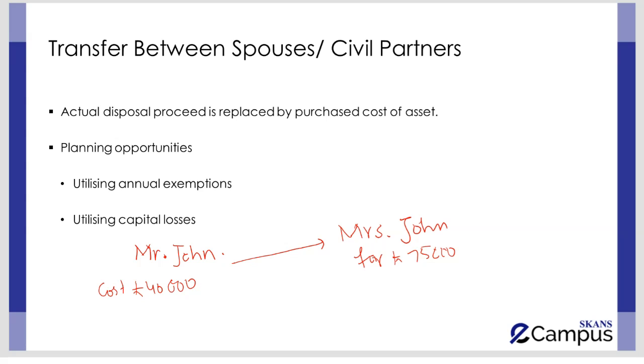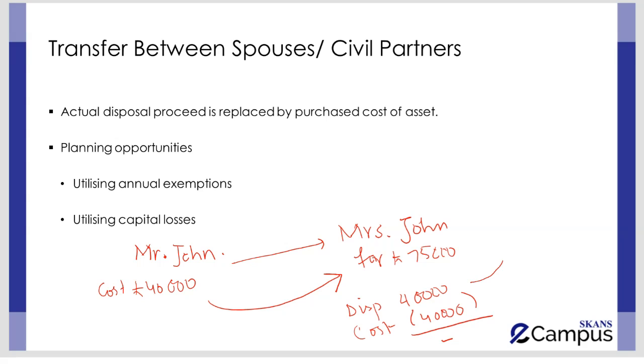As you can see, the transfer is being made between spouses, which is why we will not have to compute any gain or loss, because at this point in time we will assume as if the asset has been disposed of to the other person at its cost. So we'll take an assumption as if the disposal is equal to £40,000, which is the cost of this asset. So if the cost and disposal proceeds of an asset are equal, then there would not be a case of gain or loss over the disposal of such assets.